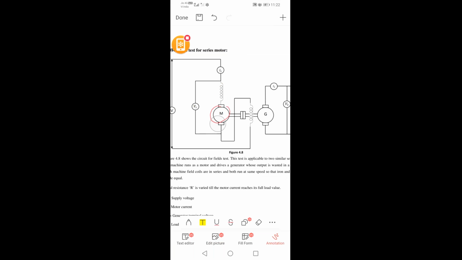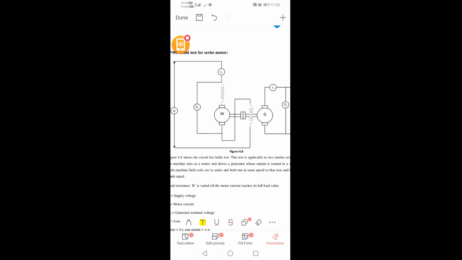So that's why the entire process is based on the field winding. That's why we are calling it a field test.